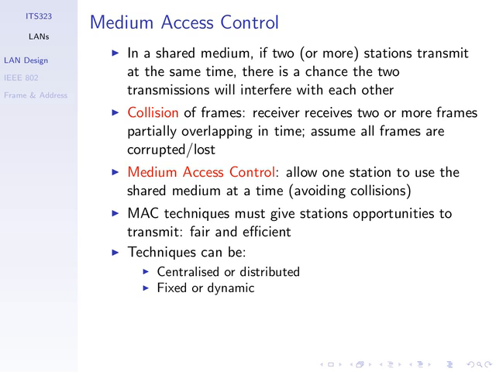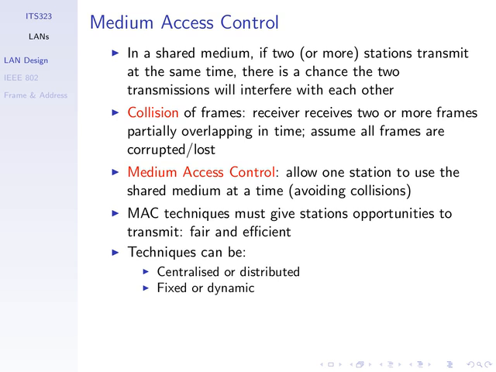So fixed means I've got data to send. Maybe there's a schedule. I can transmit every 5 milliseconds. I can transmit, and then 5 milliseconds later I can transmit again, and then again, and so on. And another station can transmit every 5 milliseconds, but 1 millisecond after me.